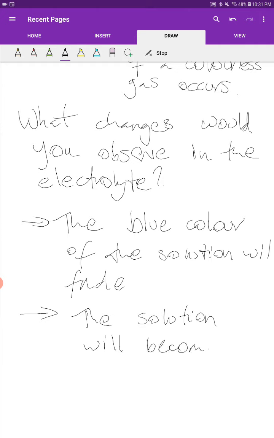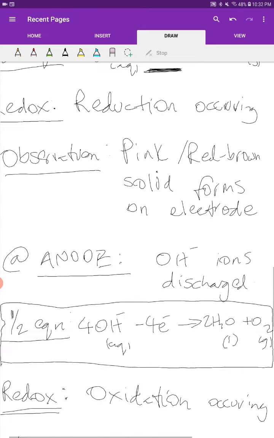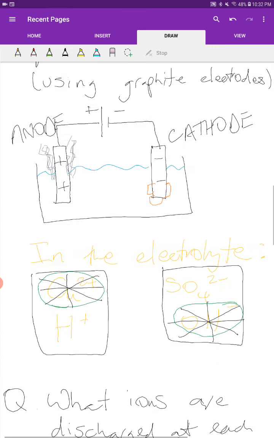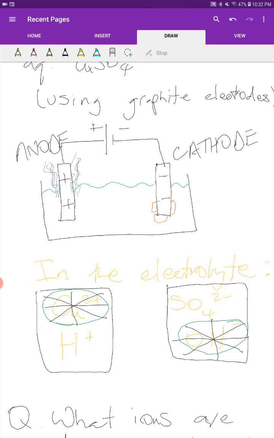And you can actually detect whether it will become more acidic by testing, whether with litmus paper or with universal indicator. Alright? The reason the blue color fades, remember, is because we are removing copper ions. The copper ions are becoming discharged and they are coming out of solution.